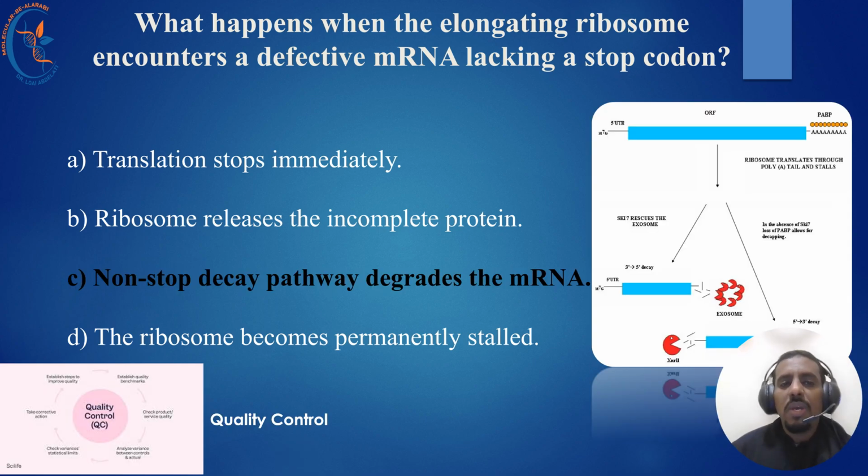Okay, when the elongating ribosome encounters a defective messenger RNA lacking a stop codon, the non-stop decay pathway degrades the messenger RNA. Think of this pathway as the quality control mechanism that identifies and breaks down faulty messenger RNA, preventing the production of incomplete or non-functional proteins.